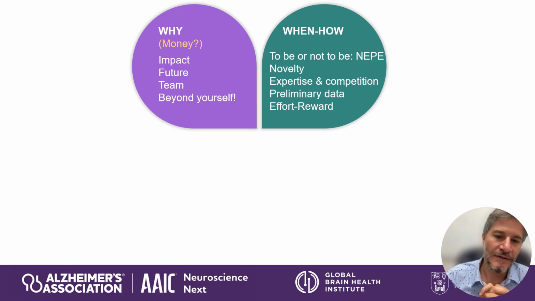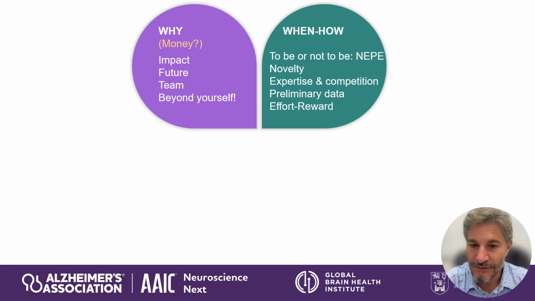The other thing is whether you and your team have the expertise for that, and whether there are other teams that can compete with you. These are very important things. So first of all, if you are going to apply for a grant that is not in your area of expertise, you should do it with a co-applicant or a mentor or someone who is really expert in the field.